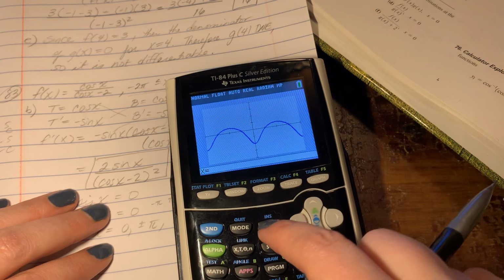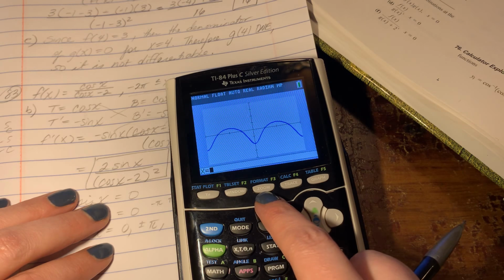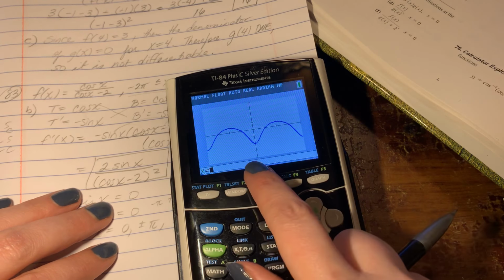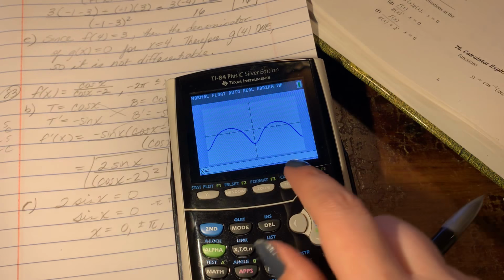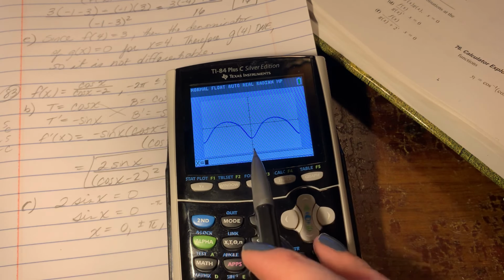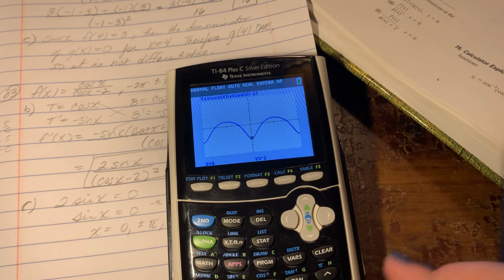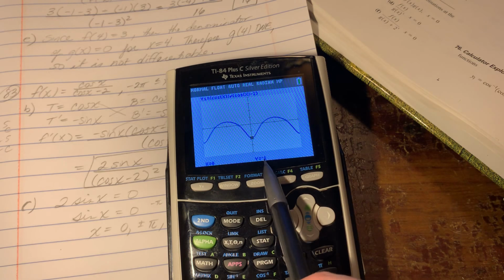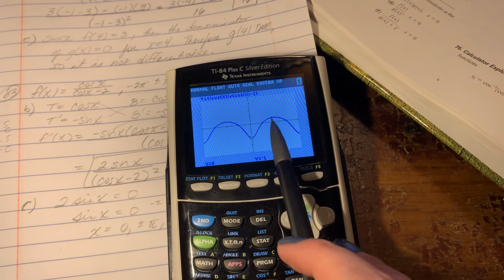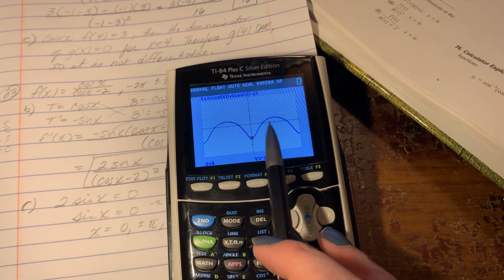Which you can do analyze graph on the Inspire. You just go menu, analyze graph, and then you just value, I think. I'm not sure which one you do on that one. But it is under analyze graph. Okay, and then I'm going to plug in 0. And that gives me negative 1. So that's the lowest. And then I'm going to plug in, what is that?